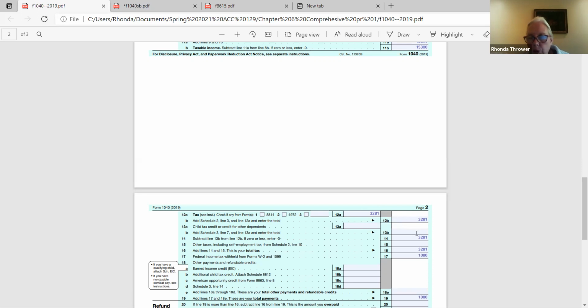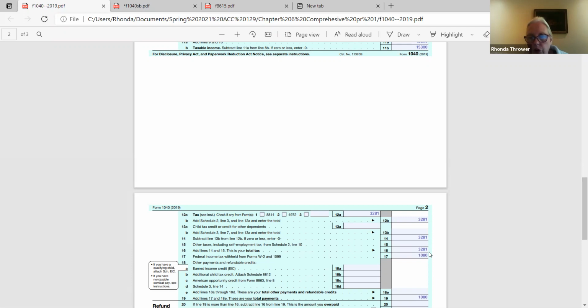There was nothing that we would enter on line 13B. So on line 14, we're subtracting 13B from 12B, and that leaves us with 3281 again. There was nothing that we entered on line 15. So line 16 is 3281 again.